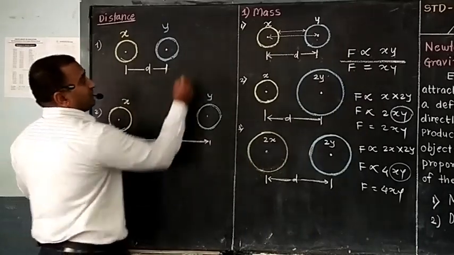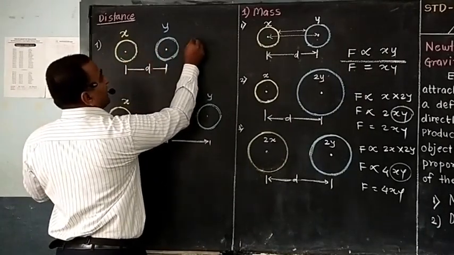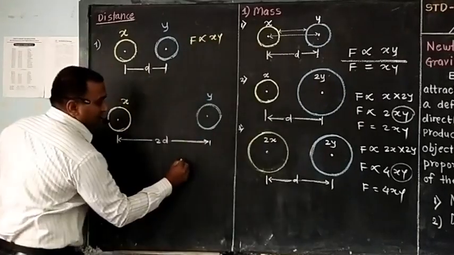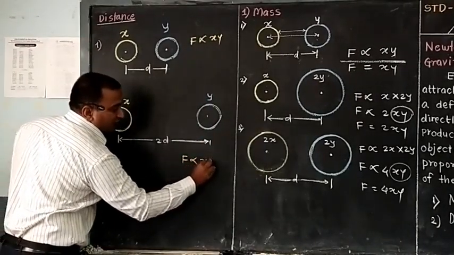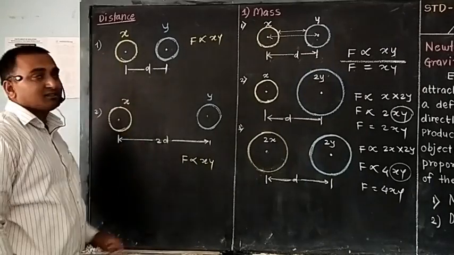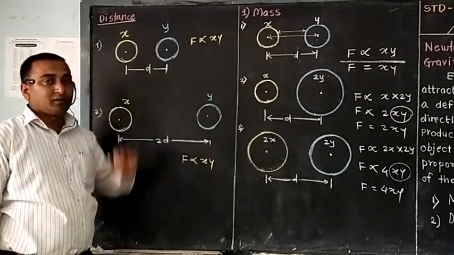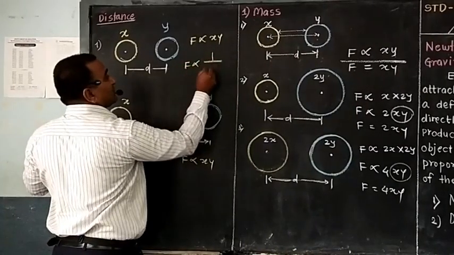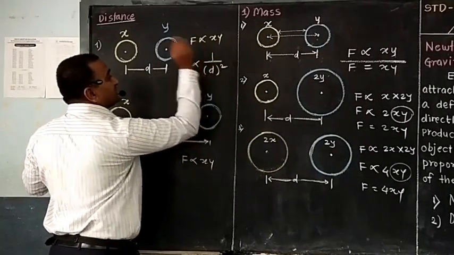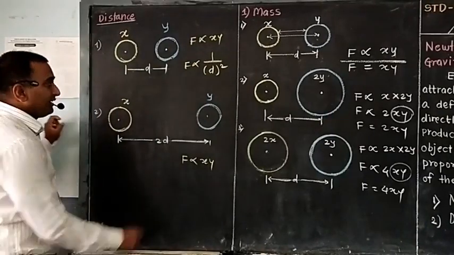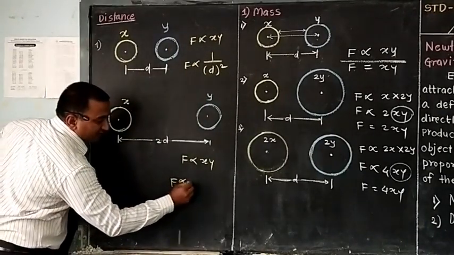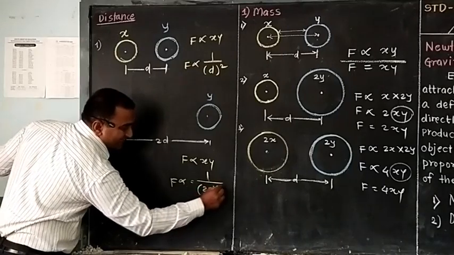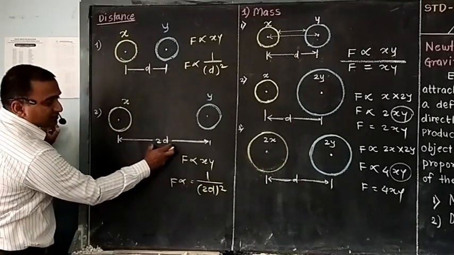So what will happen here? See, here force is directly proportional to xy. Here also force is directly proportional to xy because of the product of masses, so it will not play a role. But here force is inversely proportional to the square of distance, that is d square. And here force is inversely proportional to the square of distance, that is 2d square, because the distance is 2d.